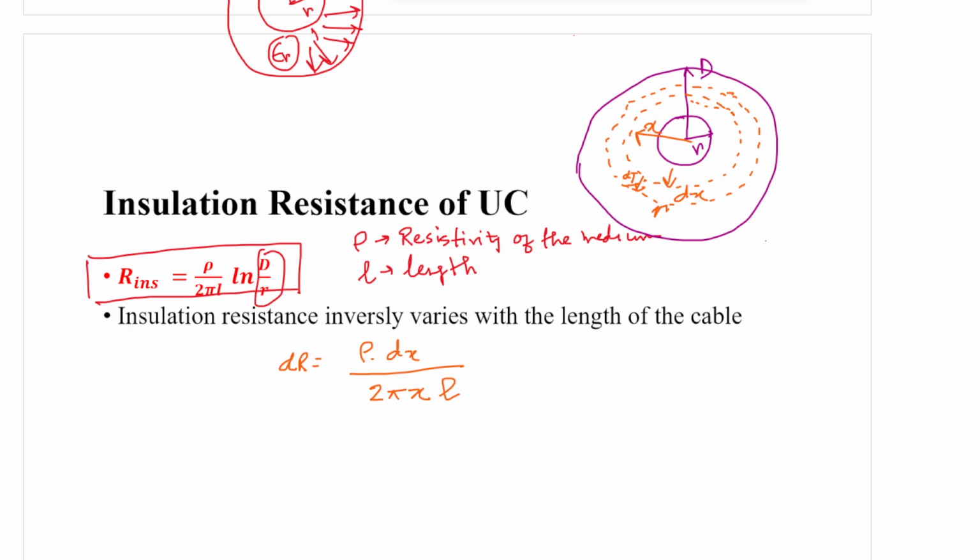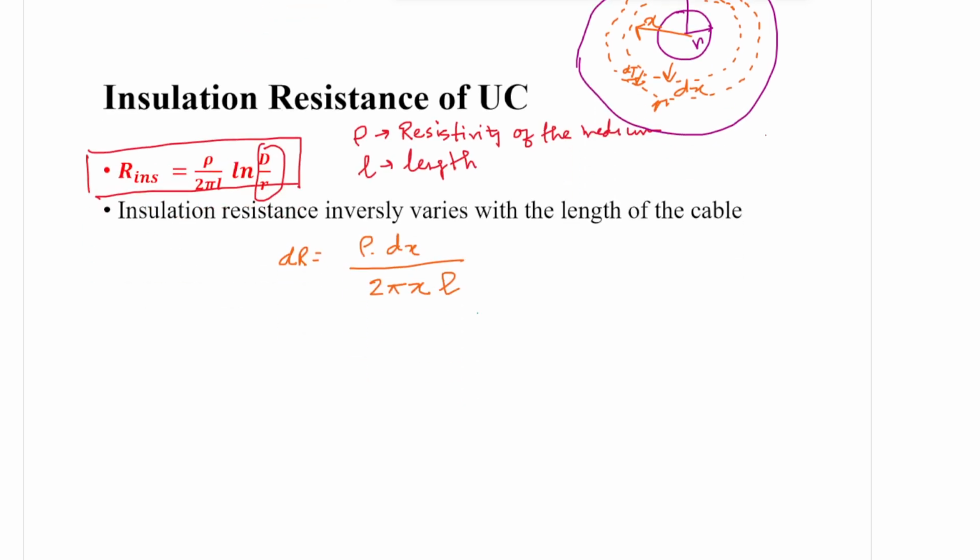Now if you integrate, what will be the total resistance? R is rho by 2 pi L times the integration, where x varies from small r to capital D, of dx by x. So it will be rho by 2 pi L ln d by r.